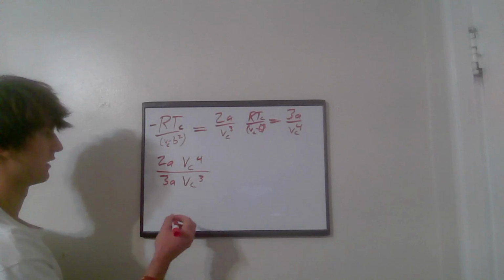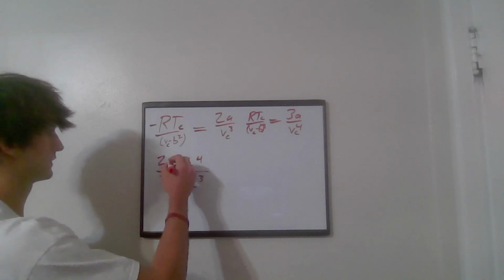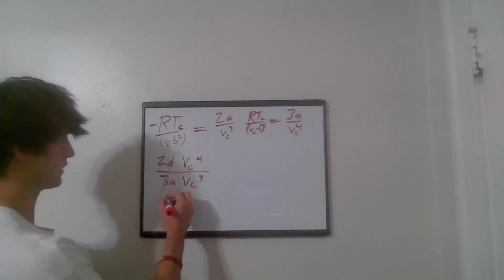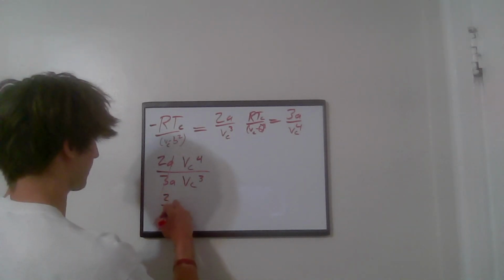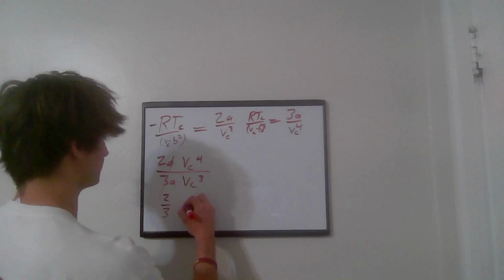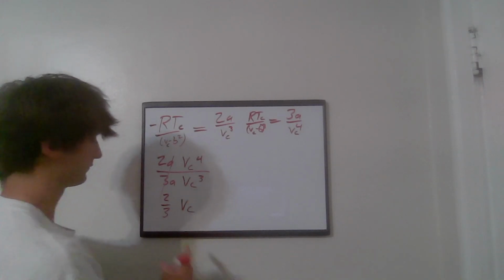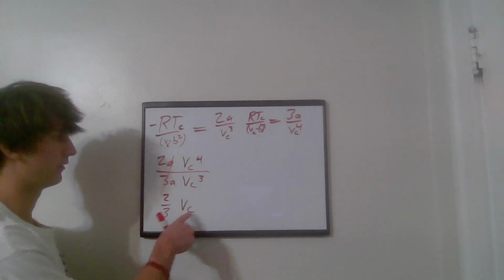So we can say 2a over 3a just goes to 2/3. And these just go to 4 minus 3 just goes to 1 volume critical.